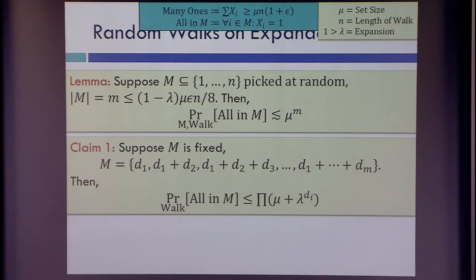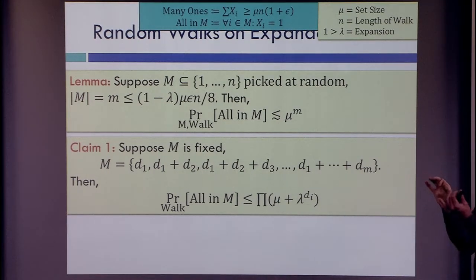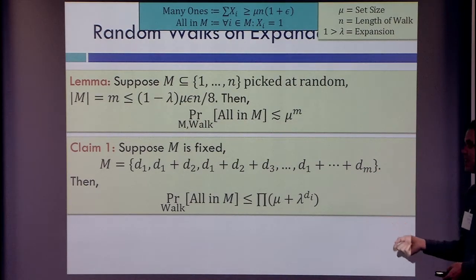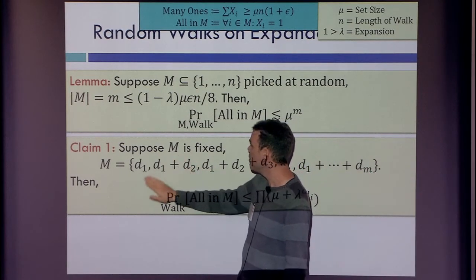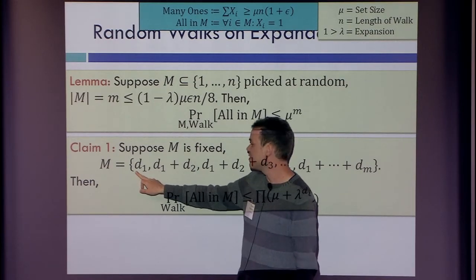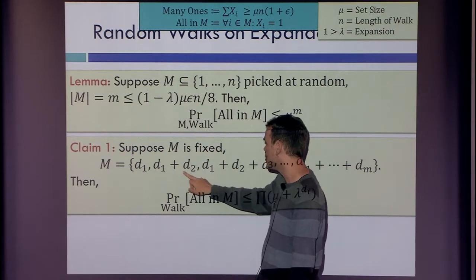So how do we do this? Well, let's first understand this probability in case the set which we pick, the positions in the walk which we uncover, is fixed. So let's suppose that the set is a fixed M, and let's write it in this way. The first element in the set is D1, a positive number. The second element is D1 plus D2.